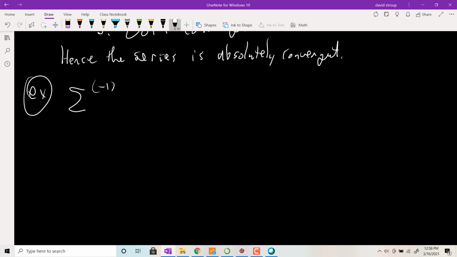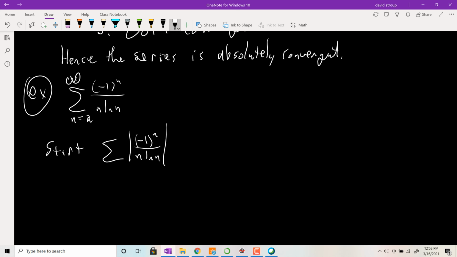The series (-1)^n over n ln n from n equals 2 to infinity. First start with the absolute value thing. So start with the series of the absolute value of the terms, n times ln n, and this will be the series of 1 over n ln n.